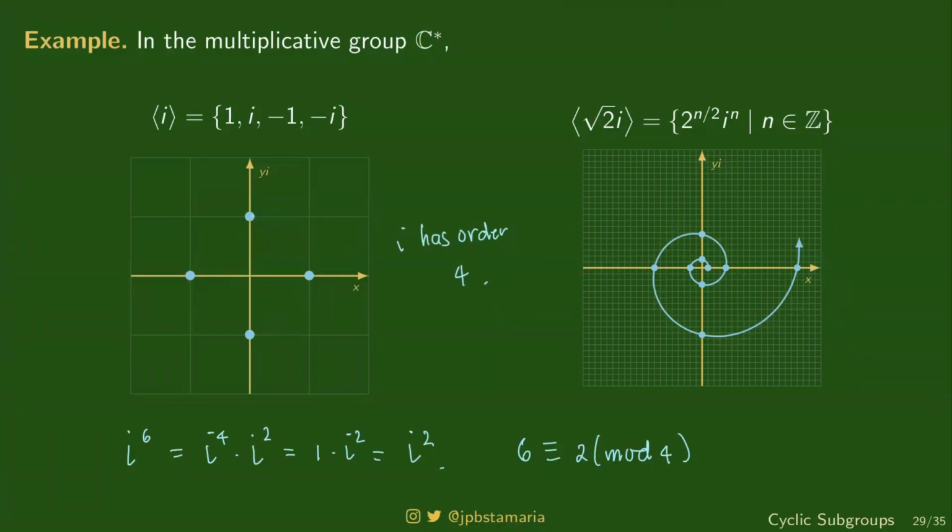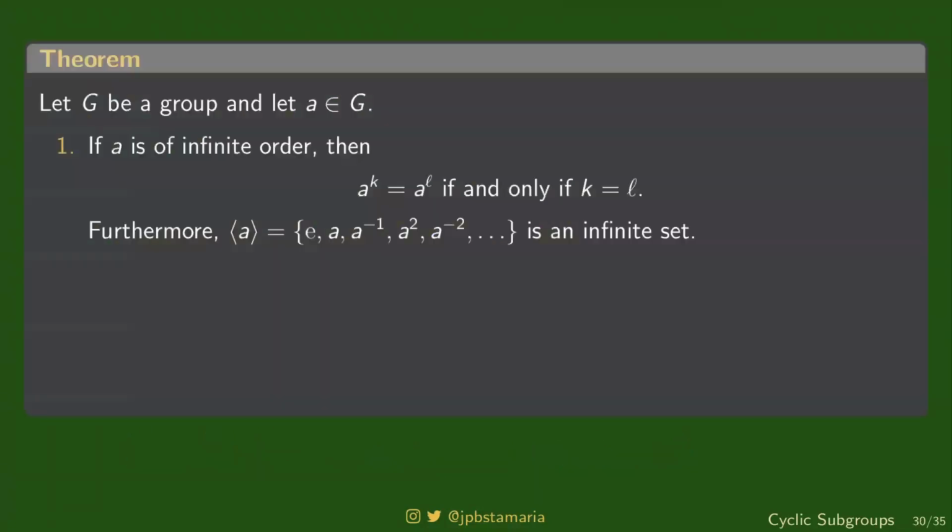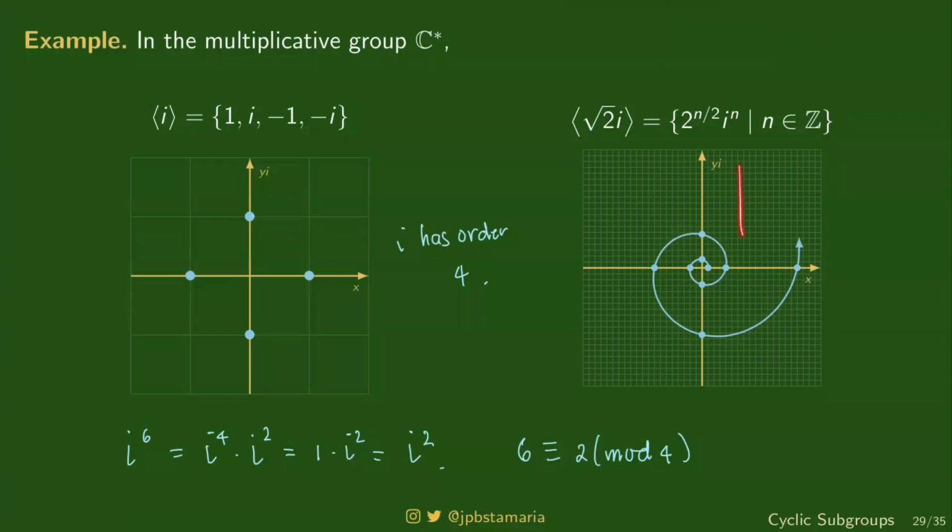Did you understand the theorem in this picture? Whereas theorem number 1 is the case of this one. Yung square root of 2i ay may infinite order. Never siyang babalik sa 1 pag pinataas mo yung exponents.